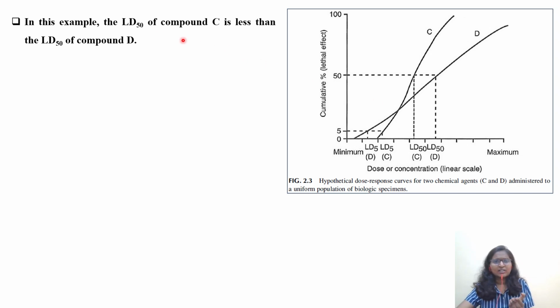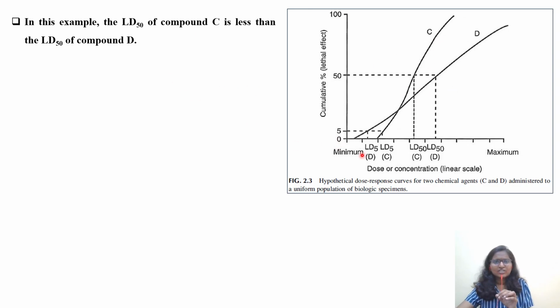In this example, the LD50 of compound C is less than the LD50 of compound D. Similarly, in the case of efficacy graphs, dose response curves, you will understand the potency and the therapeutic index. Similarly, for two different chemicals C and D, their LD50 and their dose response curve, we will learn in this particular graph and example.